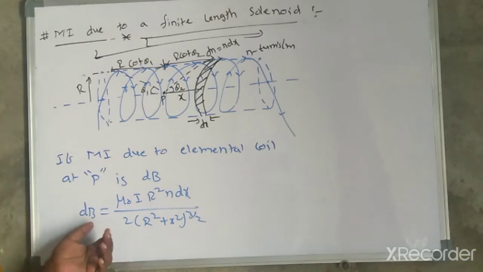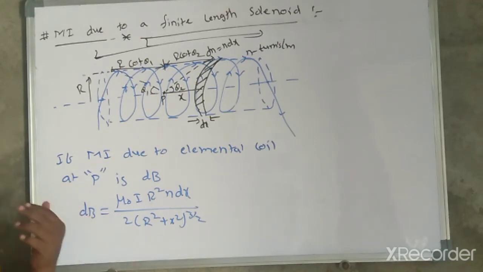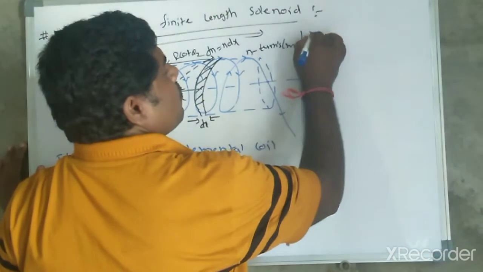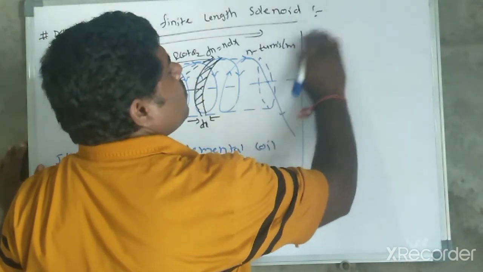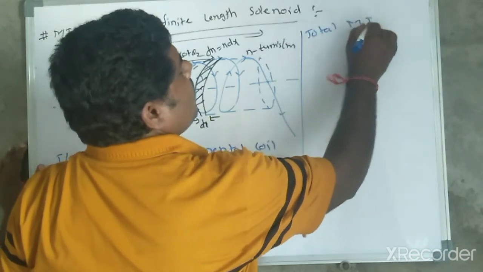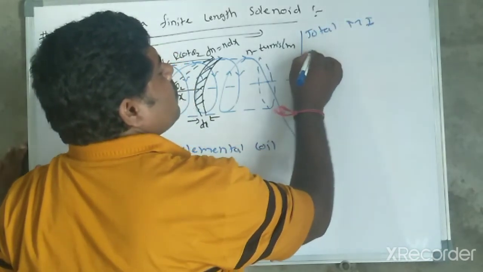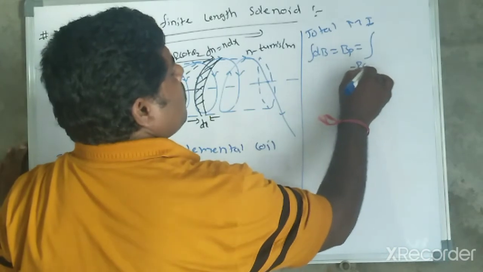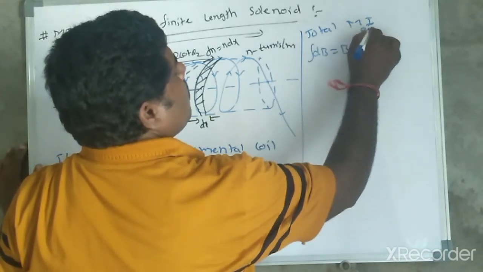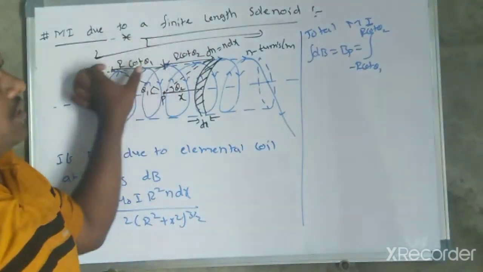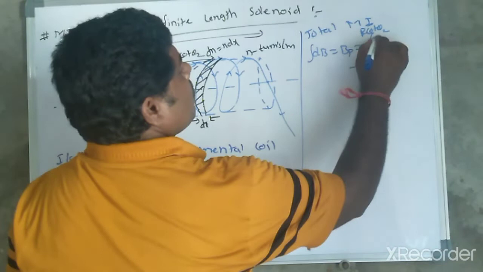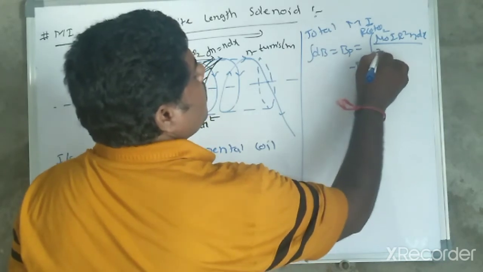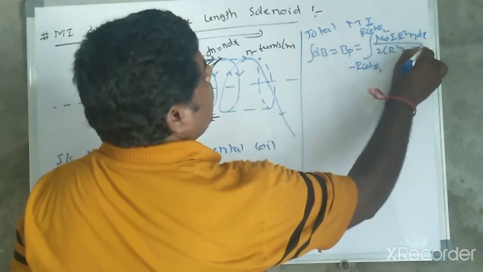If we want the net magnetic induction at point P, then integral dB is BP, equal to the integral from minus r cot theta 1 to plus r cot theta 2, left to right, these finite limits, of mu naught I r square n dx divided by 2 (r square plus x square) whole power 3 by 2.